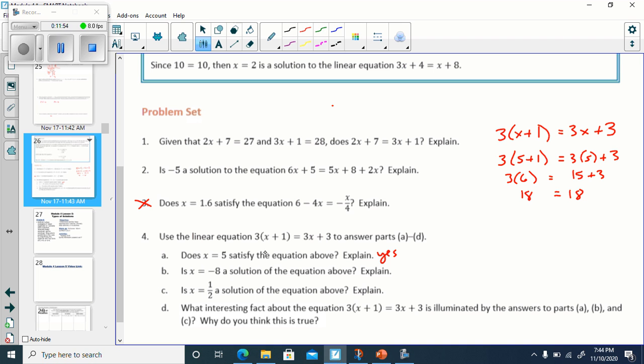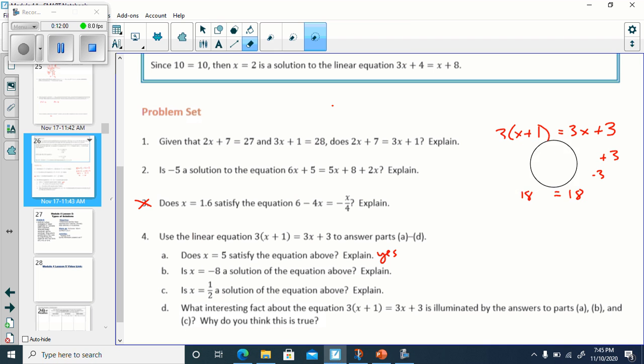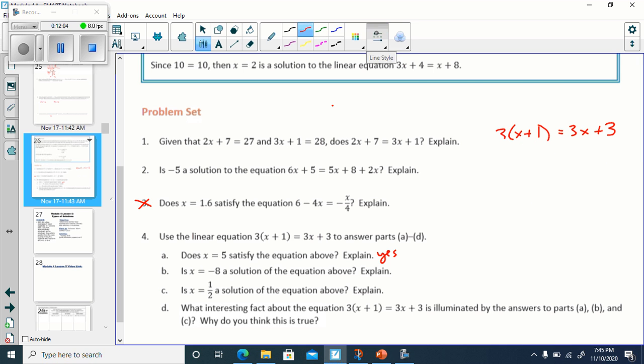Let's see if x equals negative 8 is a solution. Let's plug that one in, okay? Is negative 8 a solution? Let's plug it in and see if it works. Is 3 times negative 8 plus 1 equal to 3 times negative 8 plus 3? Well, let's take care of what's in parentheses first.